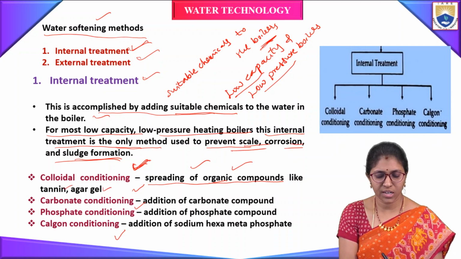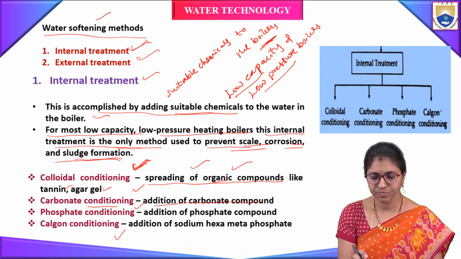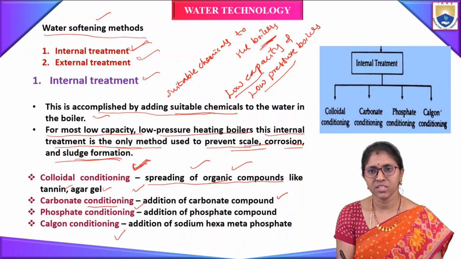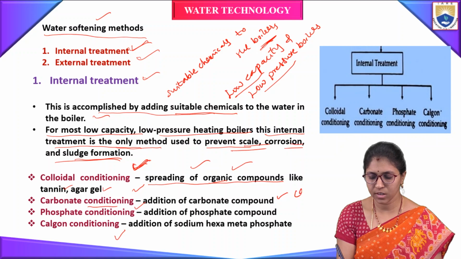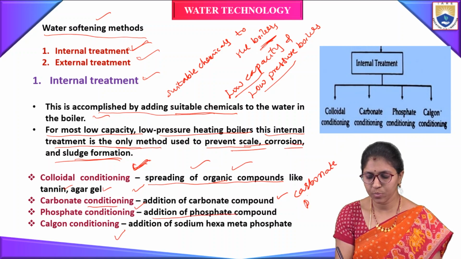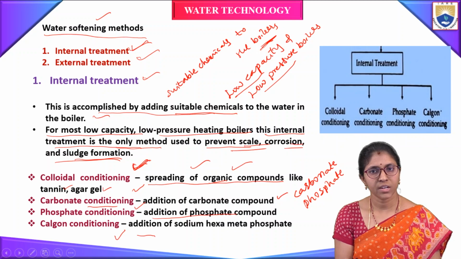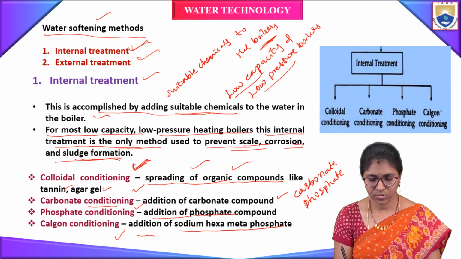In carbonate conditioning, we add a carbonate compound to the water to remove impurities. In phosphate conditioning, we add a phosphate compound. In colgon conditioning, we add sodium hexametaphosphate.